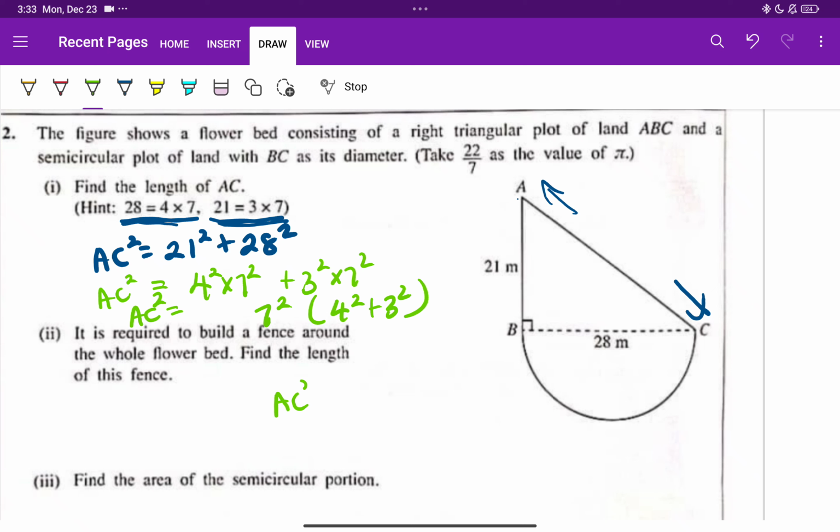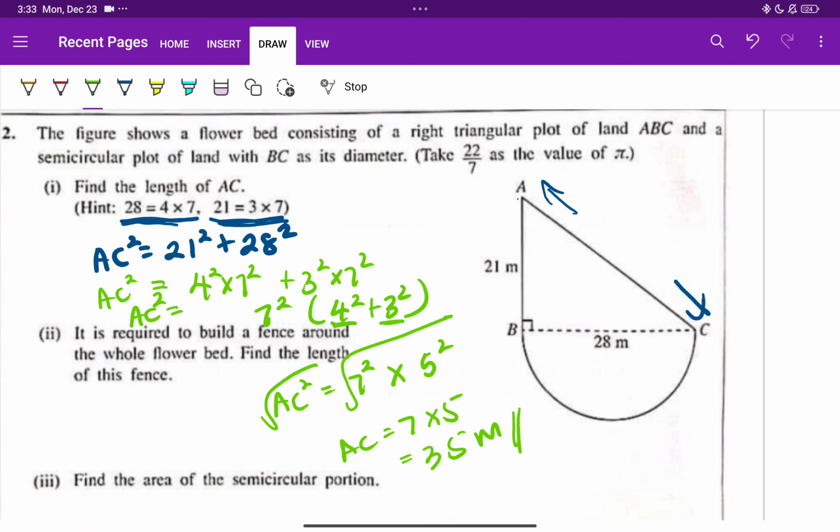Then AC squared is 7 squared times 4 squared is 16 and 3 squared is 9, which gives us 25, that is the square of 5, right? Now we can put the square root to both sides, then AC would be 7 times 5. Now AC becomes 35 meters, right?